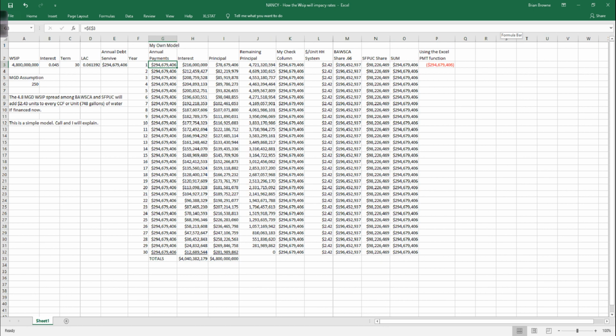You can make it different periods or longer or shorter periods. The equation is very simple.